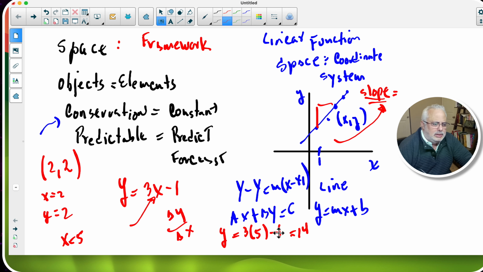What else? I like change. Change is another important word that I use to deliver. What will be changing? And of course, change is related to variables.